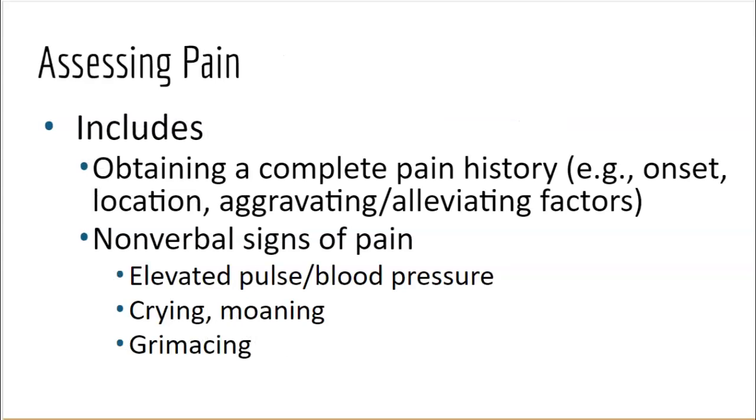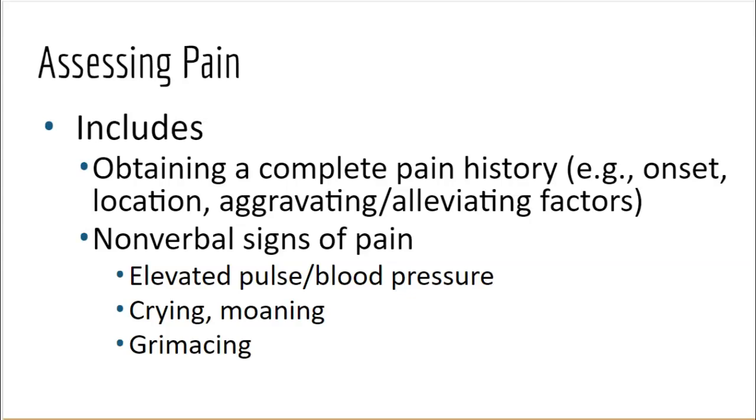So how do we assess pain? Assessing pain includes obtaining a complete pain history, which includes onset, location, what aggravates, what alleviates. We also want to ensure we assess nonverbal signs such as increased blood pressure, pulse, crying, moaning, grimacing.